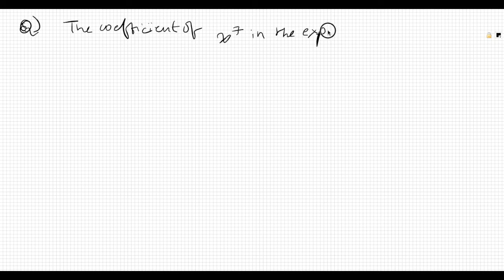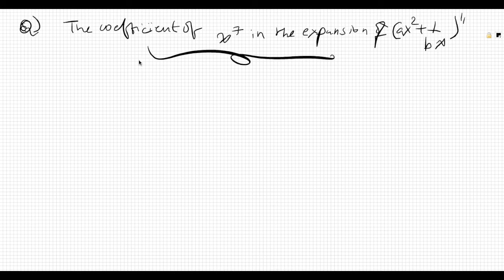Let's move on to some interesting questions, like the coefficient of x to the power 7 in the expansion of (ax square plus 1 by bx) to the power 11. So how do you do this kind of question?